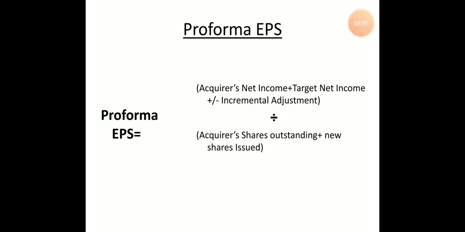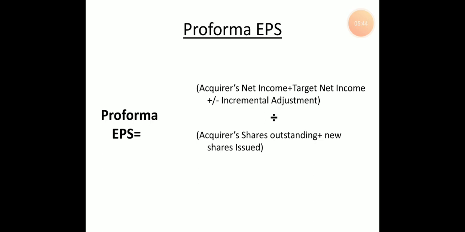EPS is earning available to equity shareholders divided by number of equity shares outstanding in the books. Earning available to equity shareholders can be calculated as net profit after tax, after interest, after preference dividend. That should be divided by the number of equity shares that are standing in the books at the time of merger, after the merger. So we have to calculate pre and post merger and acquisition EPS.